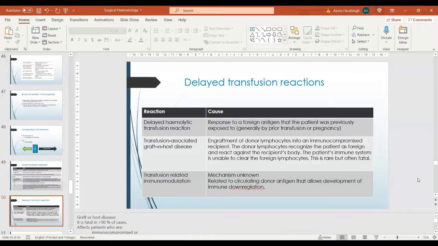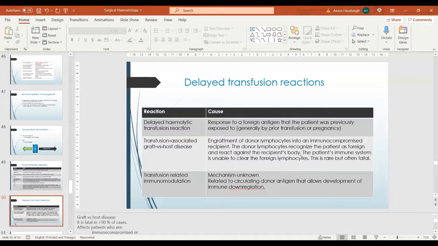And then we have delayed transfusion reactions. So you can have a delayed hemolytic transfusion reaction, which is due to a response to a foreign antigen that the patient was previously exposed to. There's transfusion-associated graft versus host disease, where donor lymphocytes get into an immunocompromised patient. The lymphocytes recognize the patient as foreign and react against the patient's body.